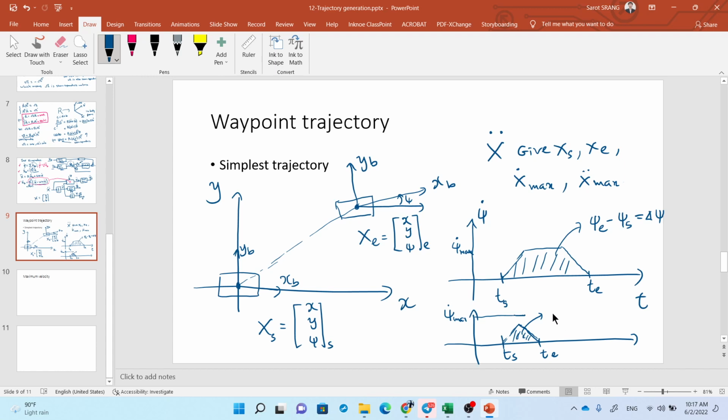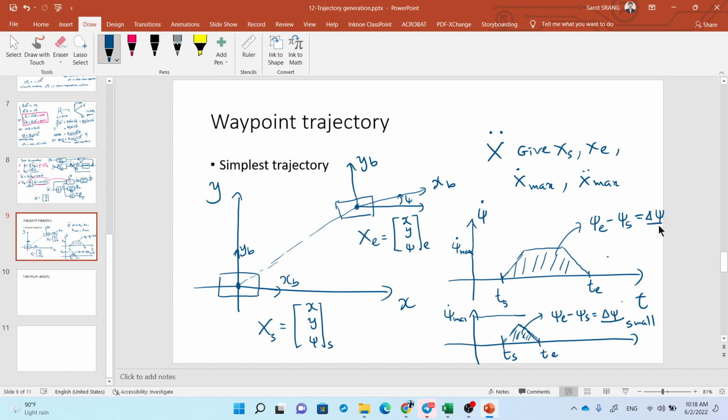So this area also, but in this case is small. But how small? What is the condition to separate this case from this case? So the first step that I'm going to ask you to write down is, what is the condition that separates this case from this case?